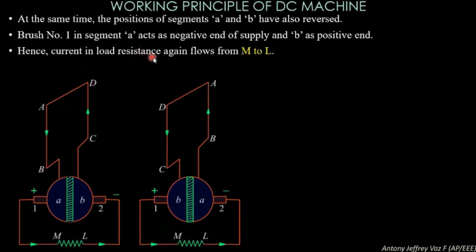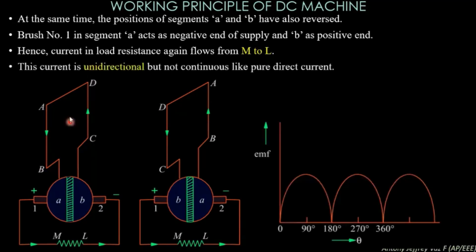Hence, the current in the load resistance again flows from M to L. On comparing these two figures, you can see the current is flowing in the same direction, M to L. In this figure also, it is in M to L direction irrespective of coil rotation from 180 to 360 degree or 0 to 180 degree.